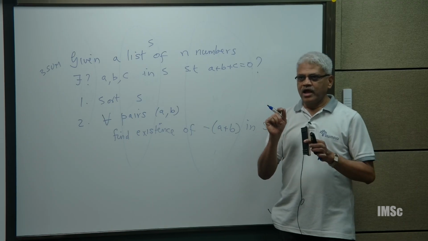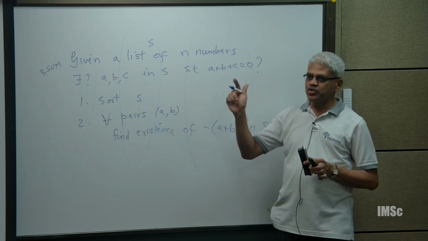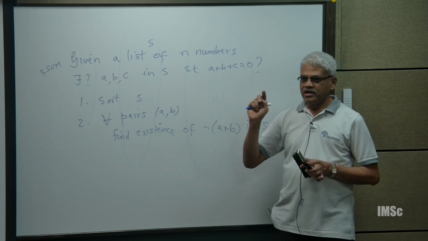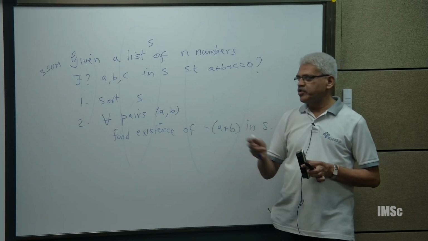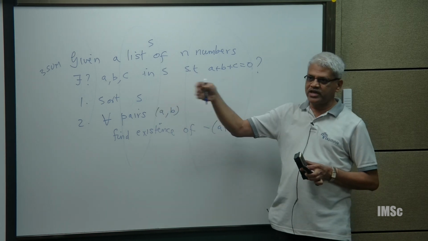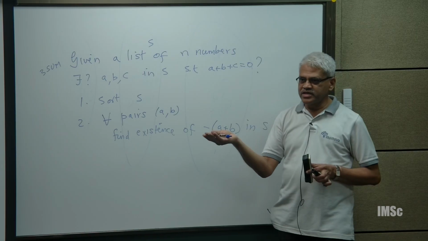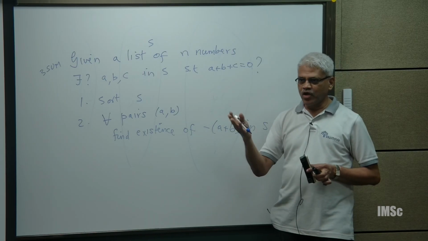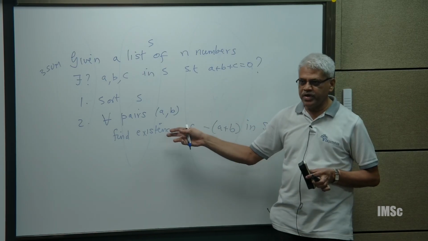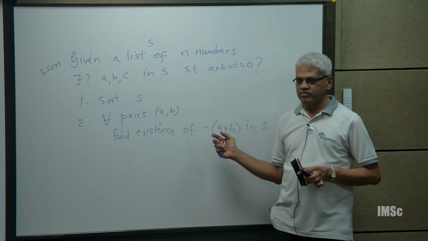Then I am looking for minus 25 in the list. I can search for minus 25 in S using binary search, because S is sorted, in log n time. So for every pair you spend log n time.